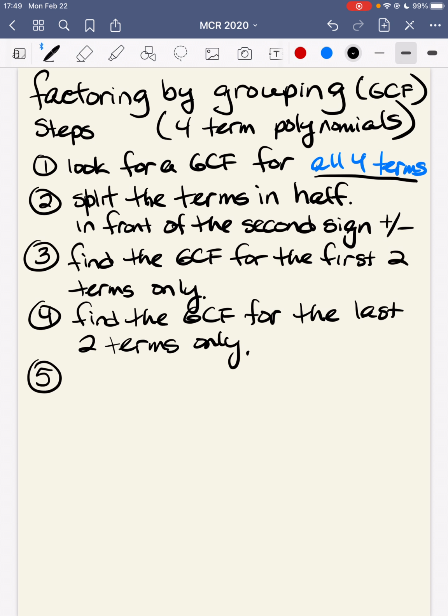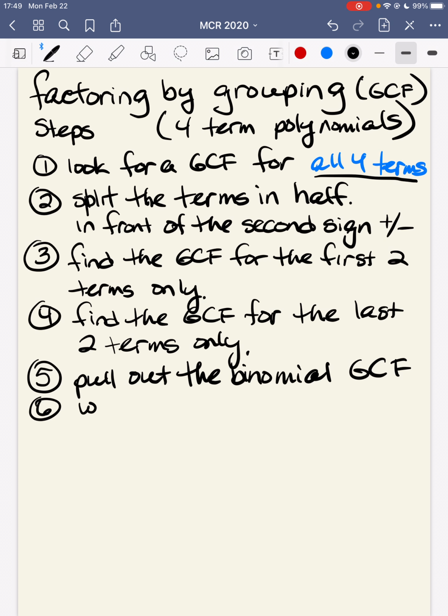Our 5th step is to pull out the binomial GCF. So if we've done this properly, we should have a binomial GCF, which means we should have 2 binomials that are exactly the same. And we're going to go ahead and pull them out.